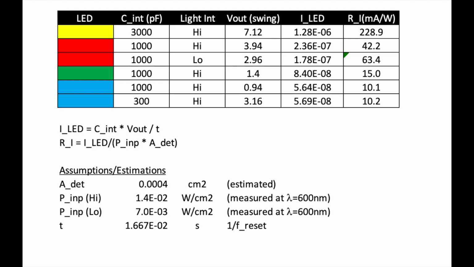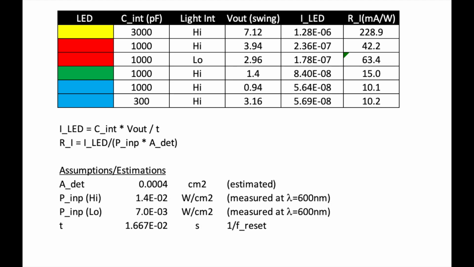To get the responsivity, you take this LED current and divide it by the area of the detector and the power input, using the values I just discussed. As you increase the area, of course, you're going to have a decreased responsivity, and similarly with the power. So if you minimize those two, you get a higher responsivity.